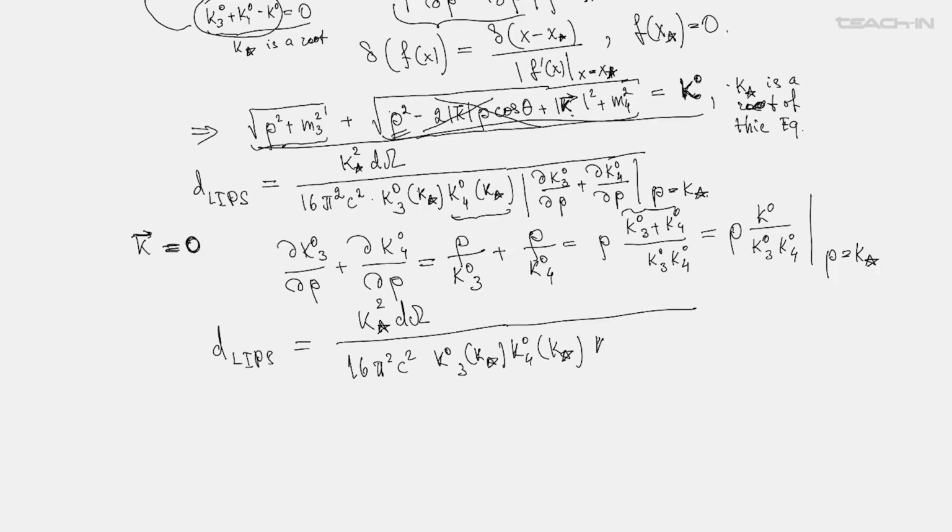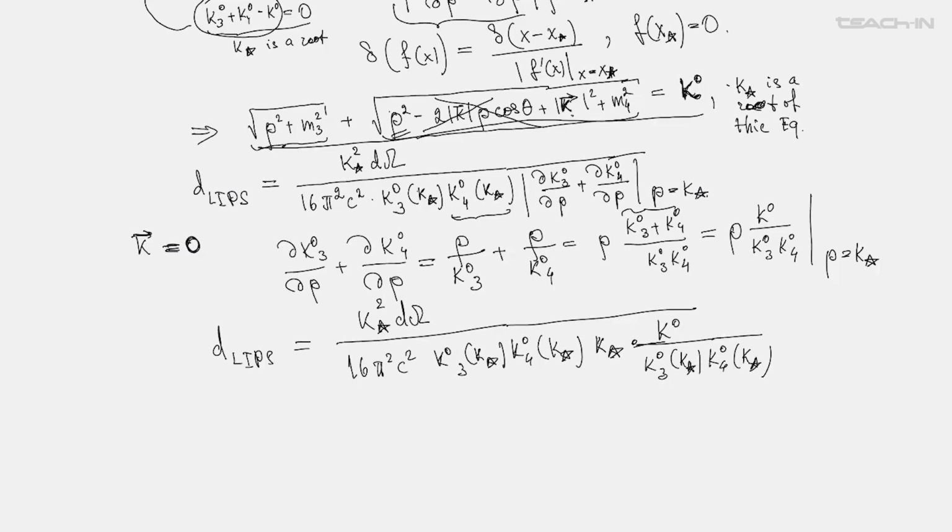K0 is the total energy of the incoming particles in the center of mass frame, divided by k03 on k star, k04 on k star, which is very nice because these terms just cancel out.